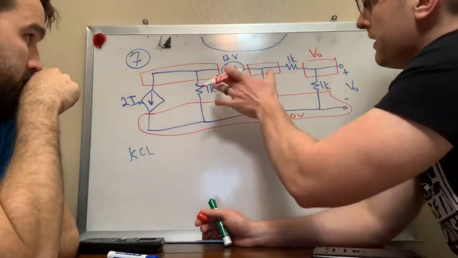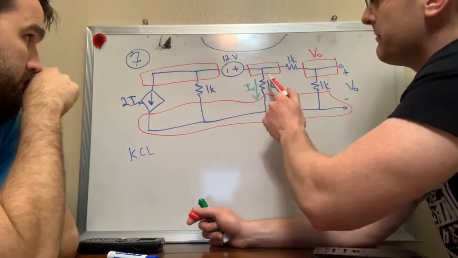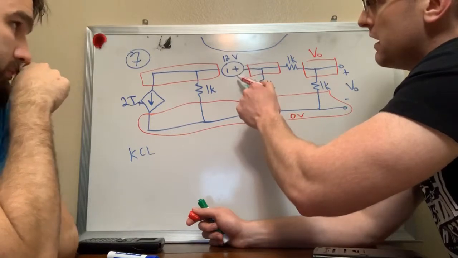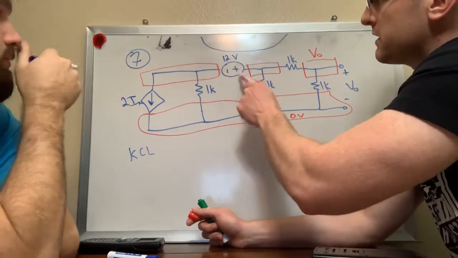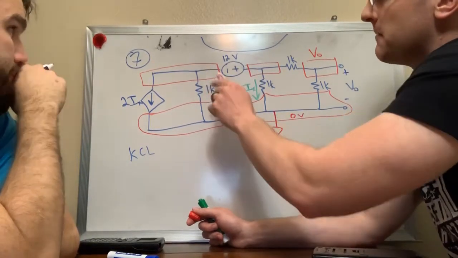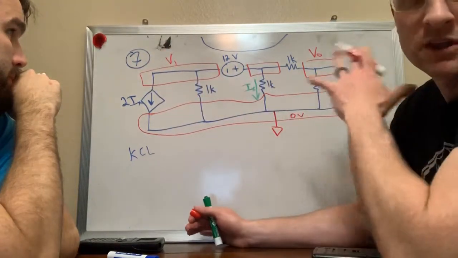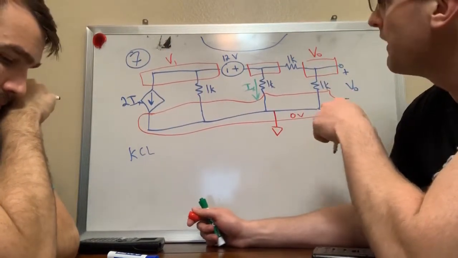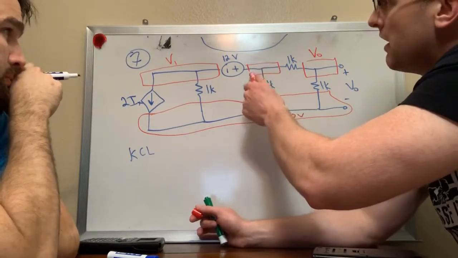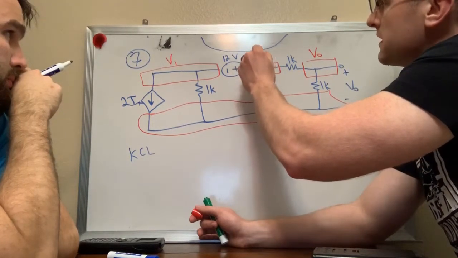Okay. Initially, we would want to give this a name and this a name, but because there's information here about voltage, which is a voltage source, this voltage source tells us there's 12 more volts over here than there is over here. And so if we call this node V1, just being arbitrary, then instead of giving this another name, we know that this node over here has 12 more volts than V1.